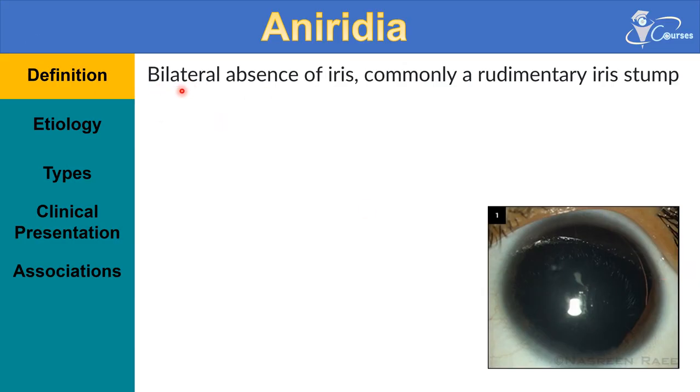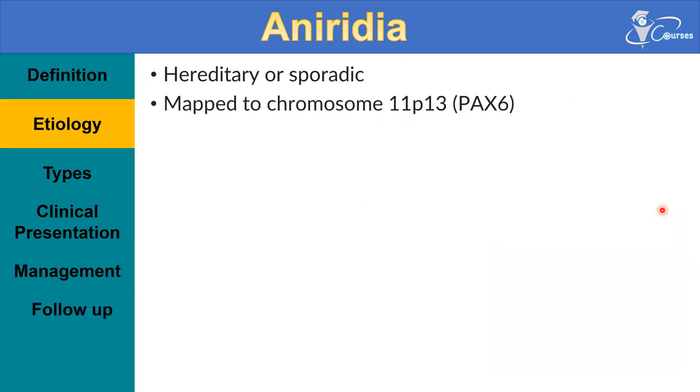Okay, so bilateral absence of the iris, commonly a rudimentary iris stump is present. The etiology can be hereditary or sporadic. For hereditary, it was mapped to chromosome 11 in the short arm at locus 13, which belongs to the PAX6 gene.